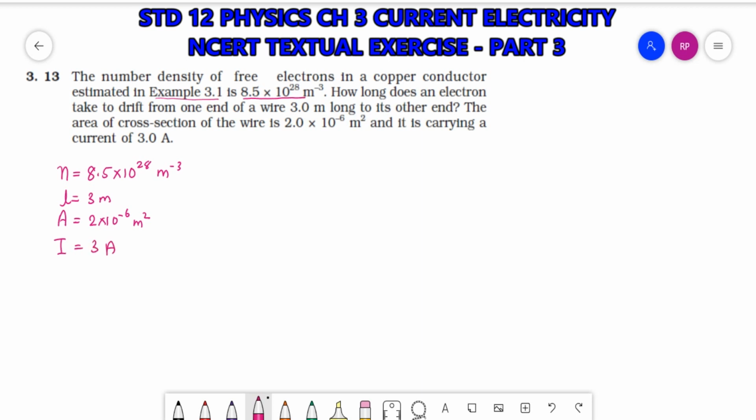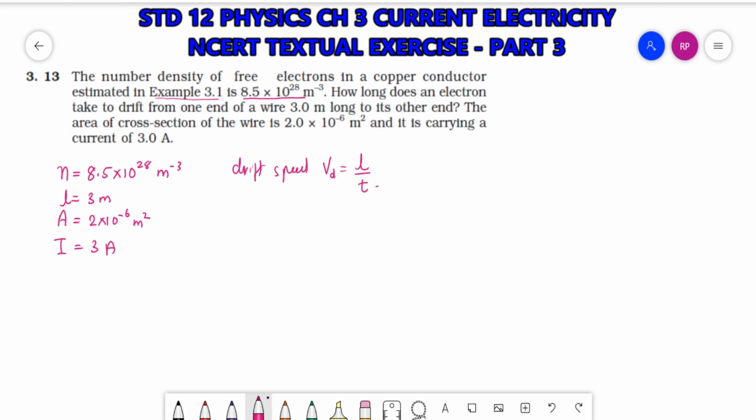We can directly solve it here. If the free electron drifts through a length L, then the drift speed Vd is equal to L by T, right? And we need to find the time.